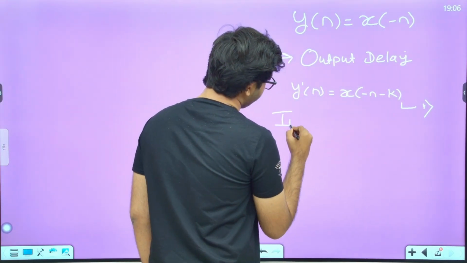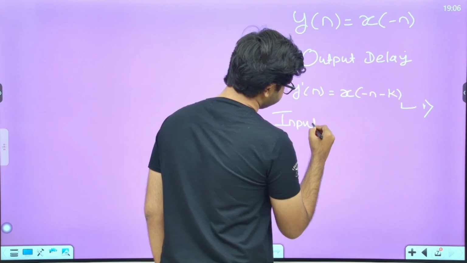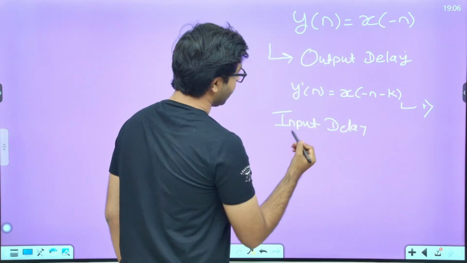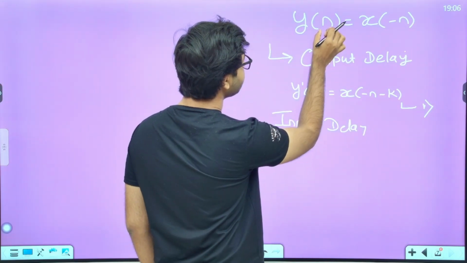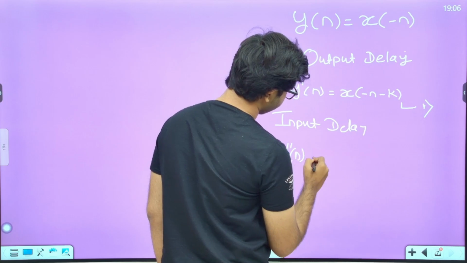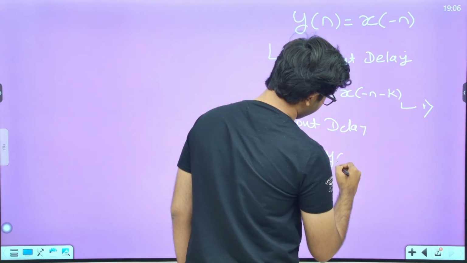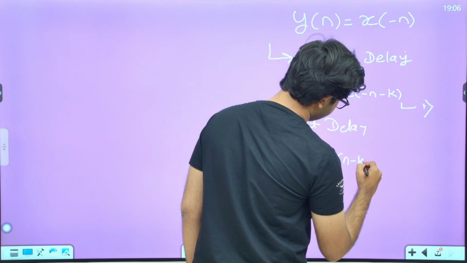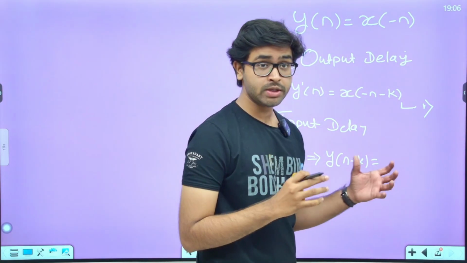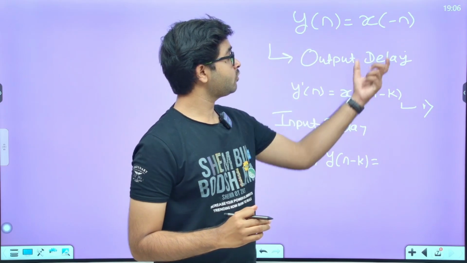And next is the input delay. For the input delay, we just replace this n by n minus k. So this is y double dash of n, which equals y of n minus k, equals, now see, the most important part is here, x of minus n.